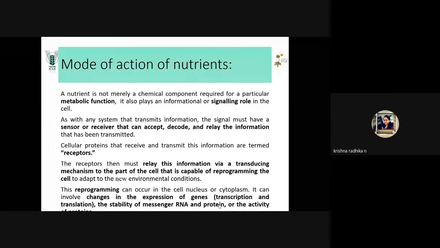The signals received by the cell will be transferred either to the cytoplasm or the nucleus where its action will happen. This reprogramming can occur in the cell nucleus or cytoplasm. It can involve changes in the expression of genes through transcription and translation, and it can affect the stability of messenger RNA and protein, or the activity of proteins will be affected.